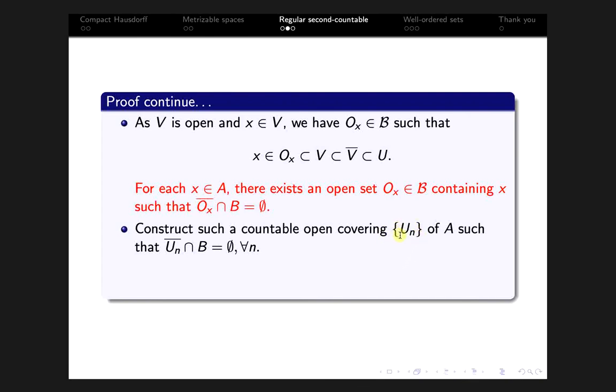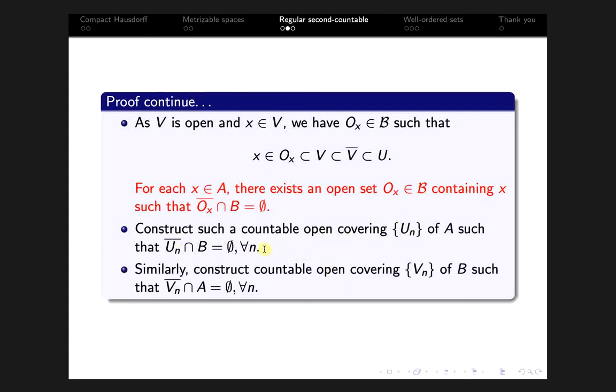So we can represent this countable collection of open sets, that is a covering of A, by Un. Similarly we construct a countable open covering Vn of B. This is the set Vn, where n is in the set of naturals.